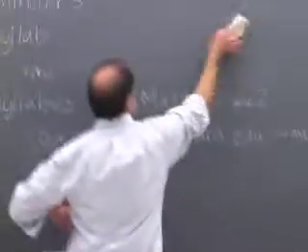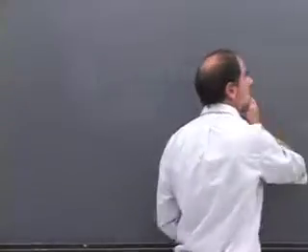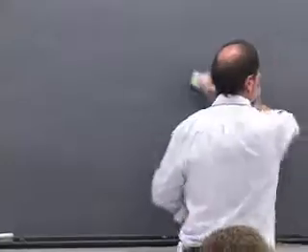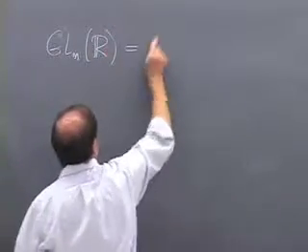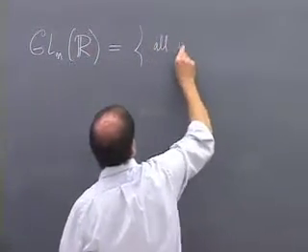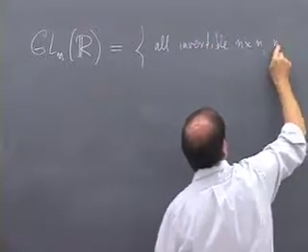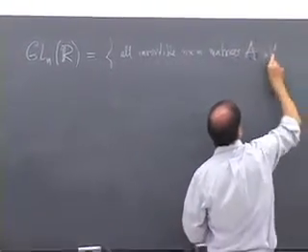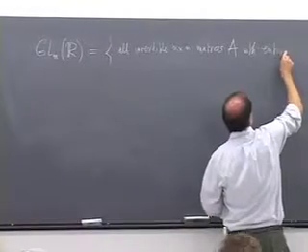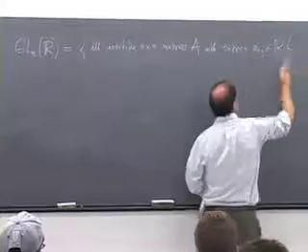So last time, I reviewed some concepts from linear algebra and defined our first group, which was the group I called GLn of R, which is the set of all invertible n by n matrices A with entries Aij in the real numbers.